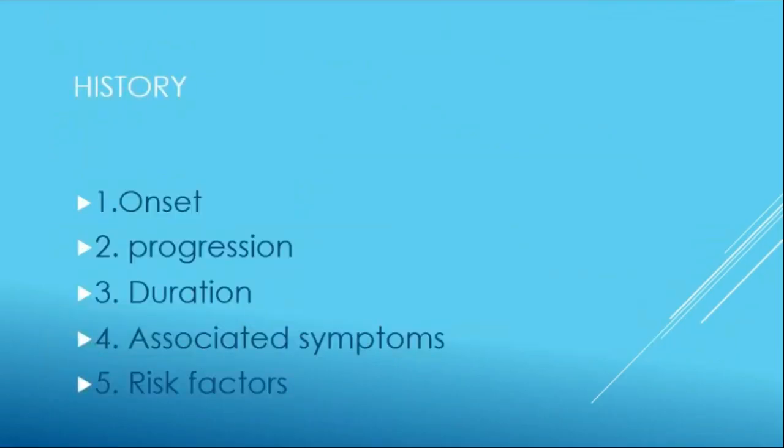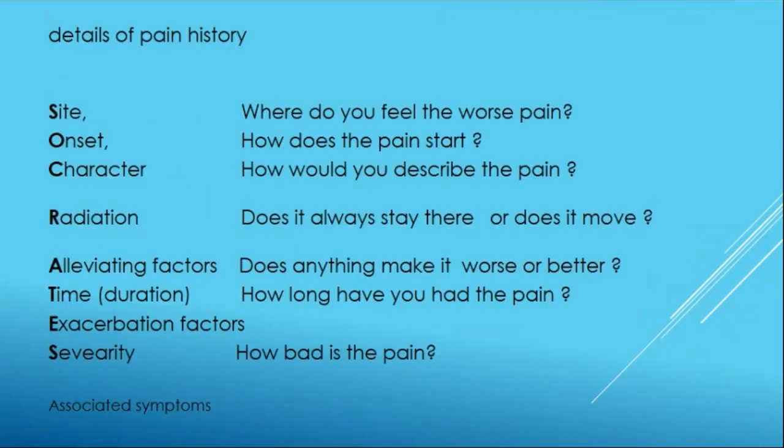In the history, in an acute abdominal patient, these are the couple of things very important to ask: onset, progression, duration, associated symptoms, and the risk factors. Whereas there's a very famous mnemonic called SOCRATES. That means site, onset, character, radiation, alleviating factors.